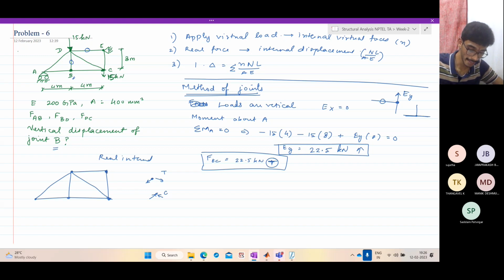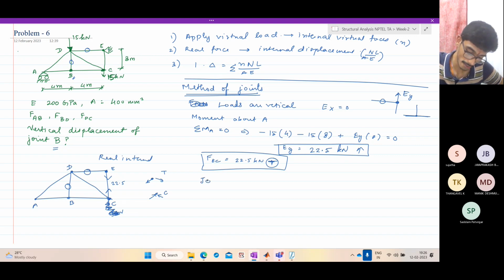Here if you see, we already got this is a zero force member, this is a zero force member. FEC is tensile 22.5. Here you have 15. Let's not denote these. Let's only denote the member forces. B, D, A, E. Good.